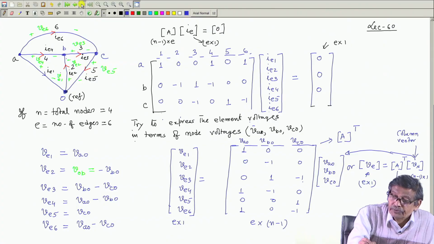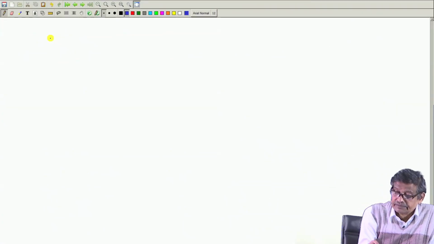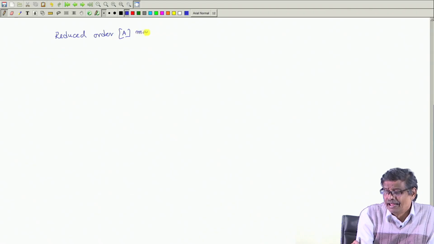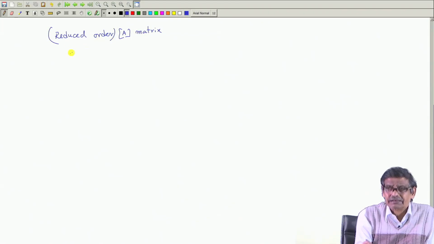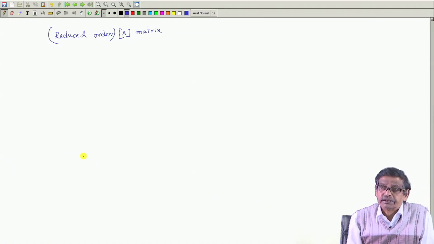So, we say that this is the reduced order A matrix. Henceforth, I will not even say reduced order A matrix, it is understood. What is the use of writing redundant equations?